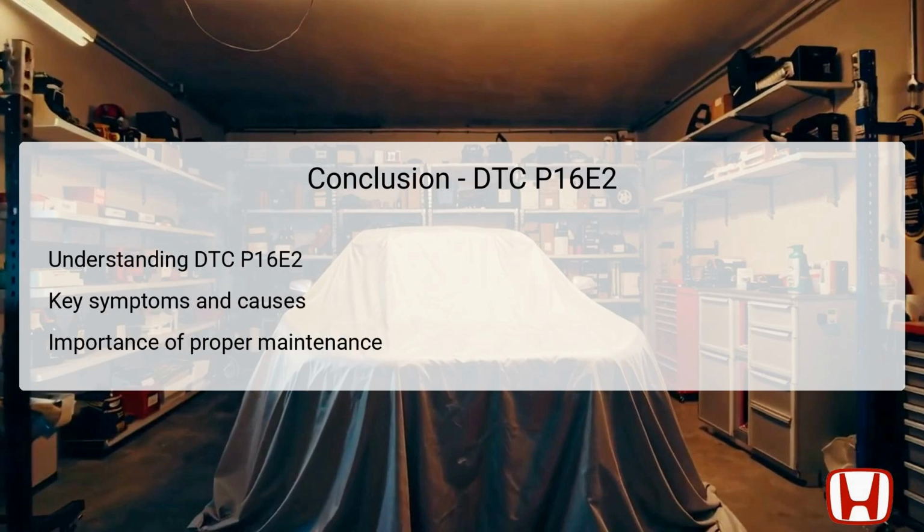In conclusion, diagnosing and addressing DTC P16E2 revolves around understanding the critical nature of the communication between the PGM-FI and the alternator. Recognizing the symptoms and potential causes, such as loose connections, damaged wiring, and corroded connectors, allows for a focused approach to repairs.